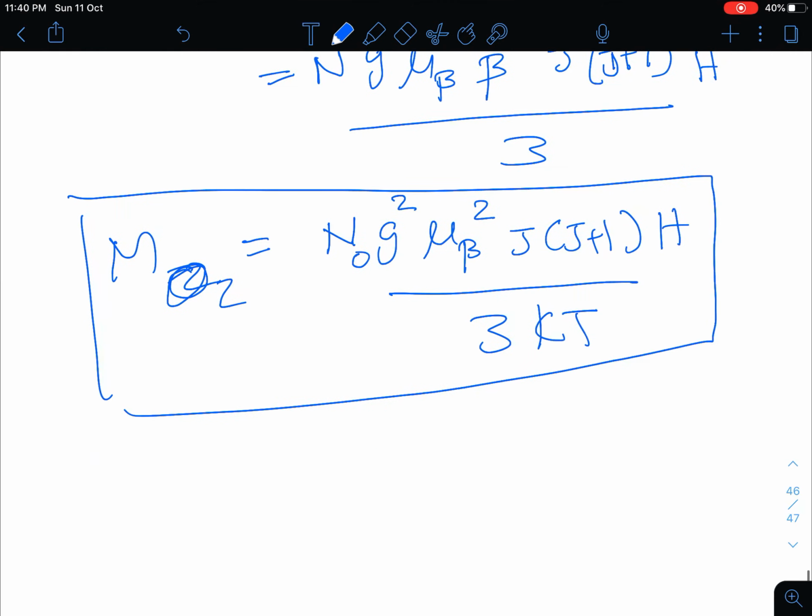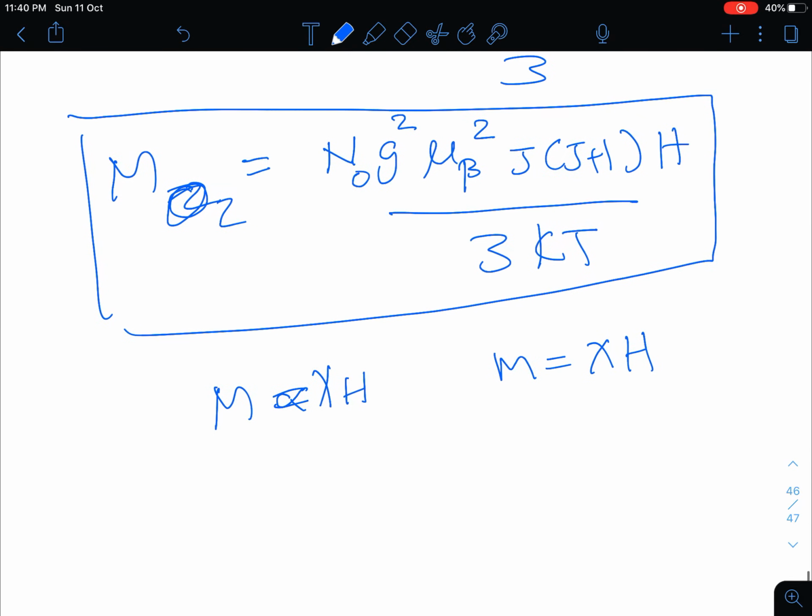But we know m in the z direction is proportional to h. So നമുക്കറിയാം proportionality constant is chi, am I right? m is chi h for unit volume. So in that case chi ഇവിടെ കമ്പയർ ചെയ്യുകയാണെങ്കിൽ it would be this.